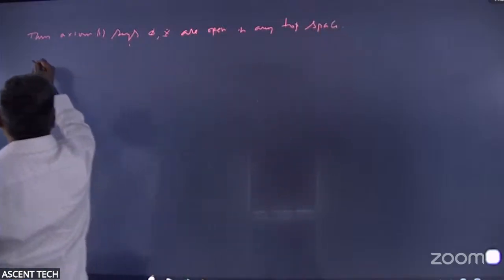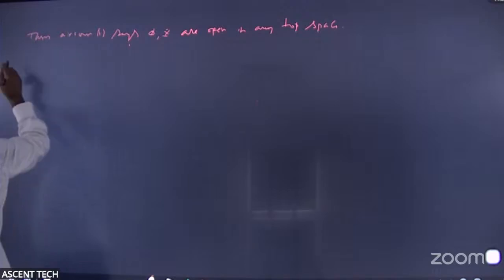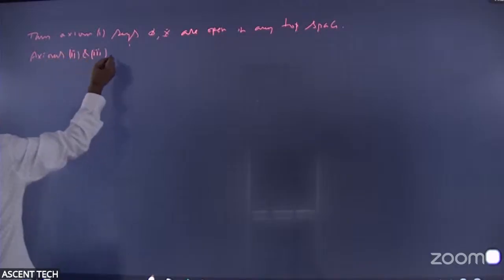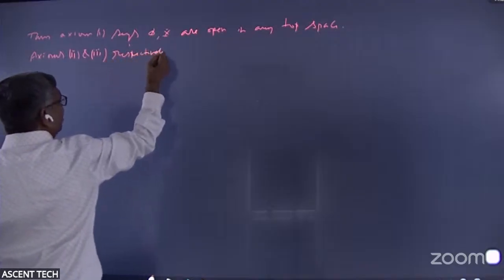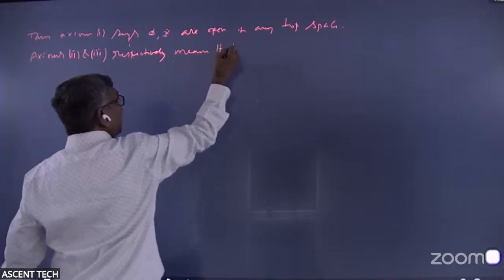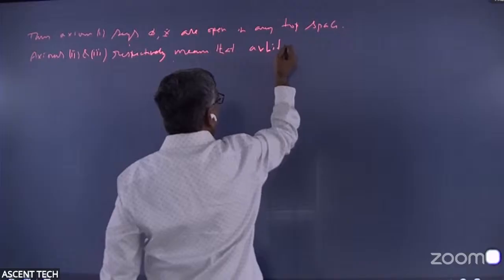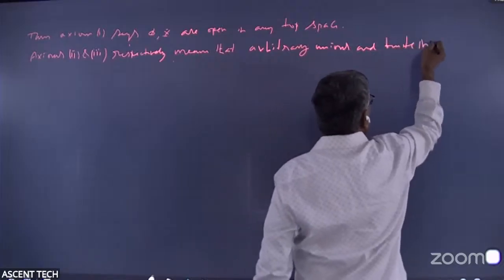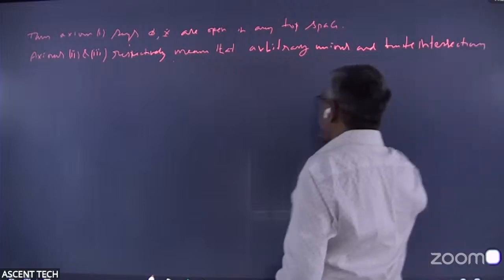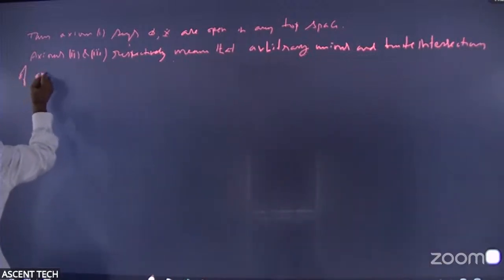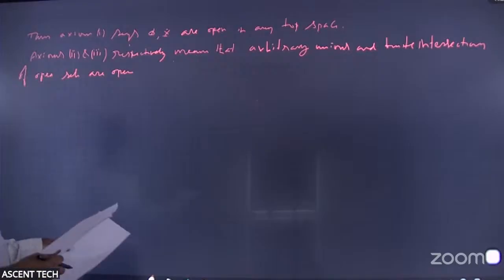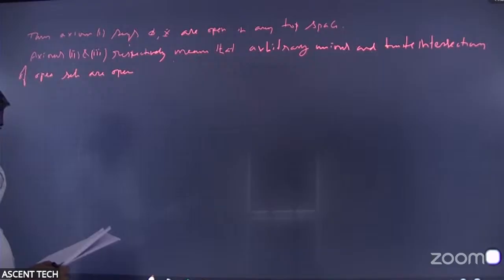And axioms 2 and 3 respectively mean that arbitrary unions and finite intersections of open sets are open.